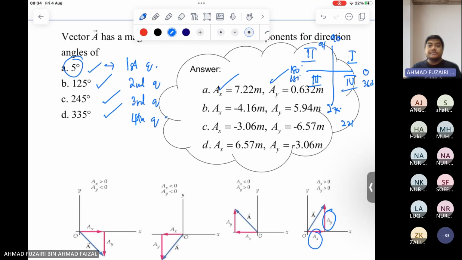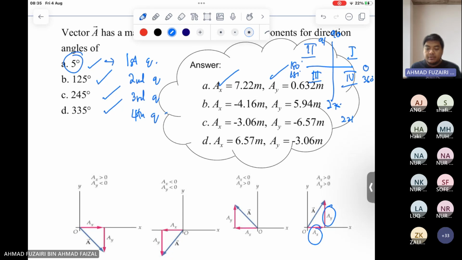And how about B? Okay. Tengok B. B dia duduk dekat kuadran number 2. Kita tengok AX akan jadi negatif. AY akan jadi positif. Betul lah sebab 125 is like this. Ni 125. So dia ada balance lagi 55 degree. Okay.